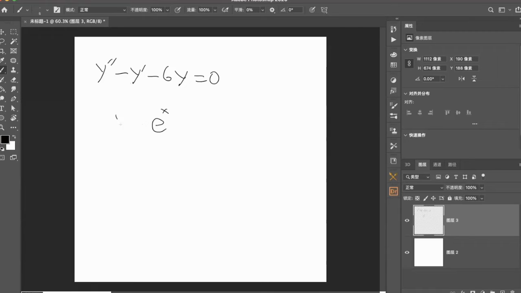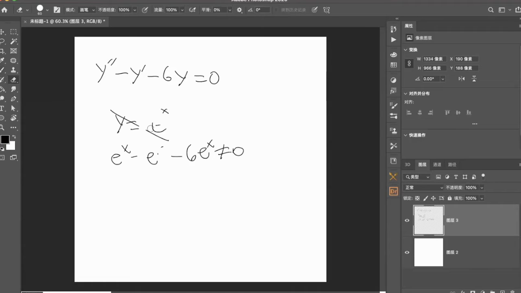But if you just say y equals e to the x, this is going to be wrong, because e to the x minus e to the x minus 6e to the x, there is no way it is going to be 0. But I really want to use this property. So what should I do?